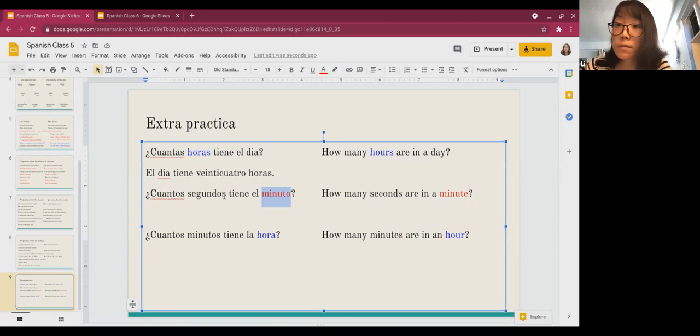So segundos means what? Seconds. Very good. Segundos, right? ¿Cuántos segundos tiene el minuto? Okay. El 60 segundos tiene el minuto.